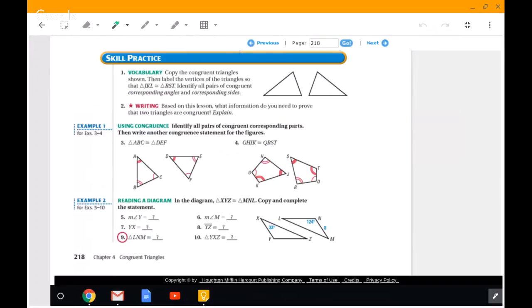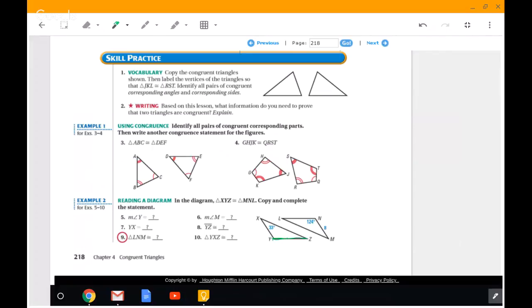So when we're looking at this one, YZ is down here, right? Okay. Now, we said the measure of angle Y would equal the measure of angle N, which is 124, right?